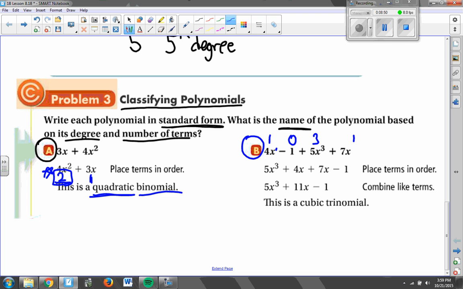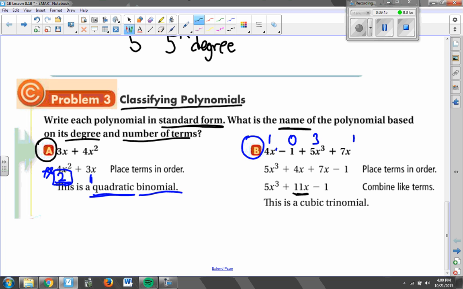Okay. Now, we're going to rewrite those in order so that our degrees decrease from left to right, which means 5x to the third needs to come first. Then we will put together our 4x's and our 7x's to make 11x's right there. That comes next. And finally, our degree 0, our constant at the end, is our negative 1.